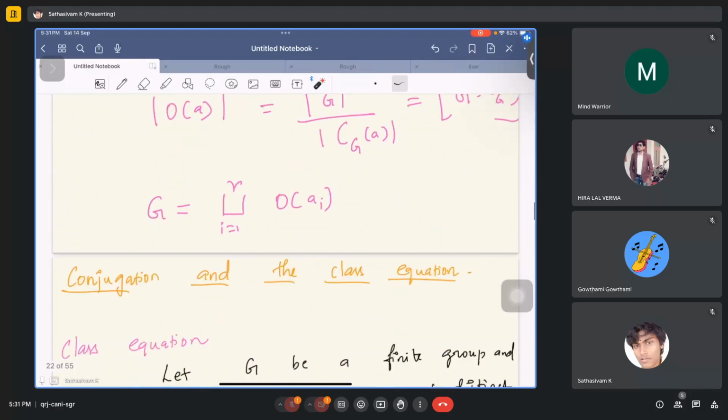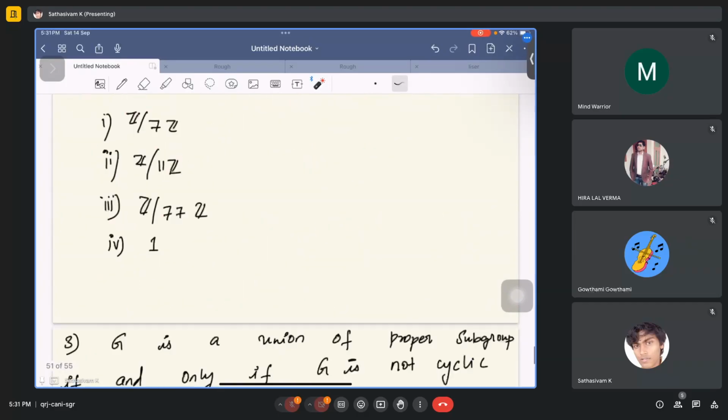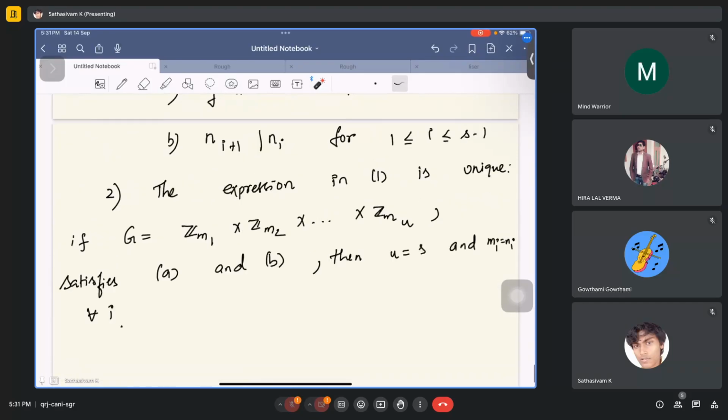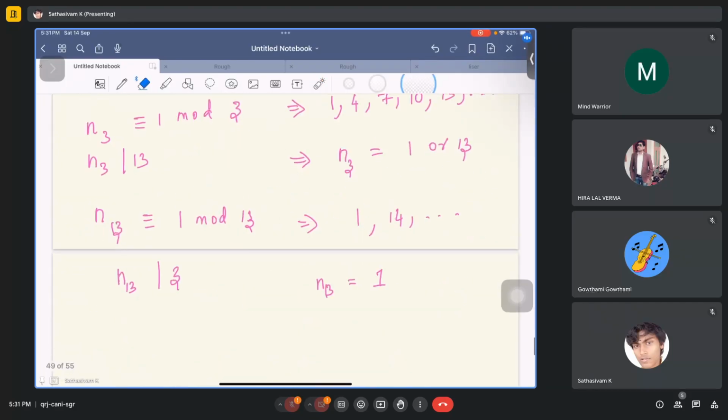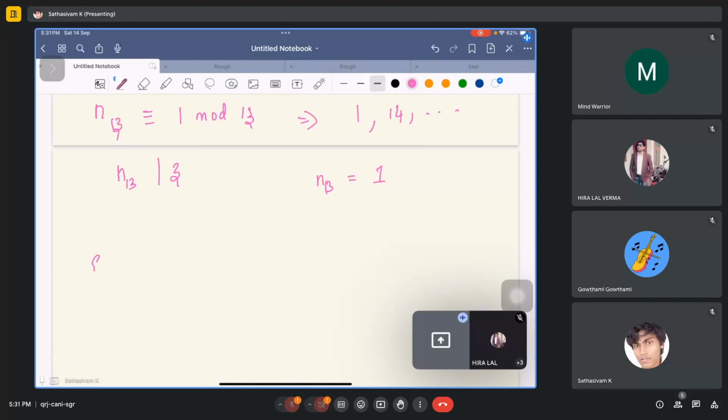Okay, so let's see how we can use it here. So if you look at this Sylow 13 subgroup, let me write it as, let's say, P13. This is a Sylow 13 subgroup.